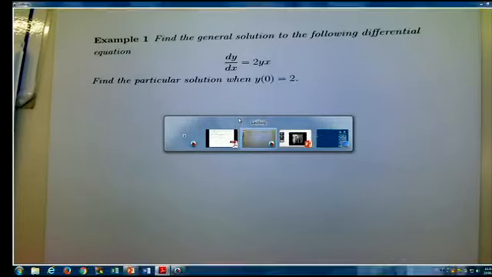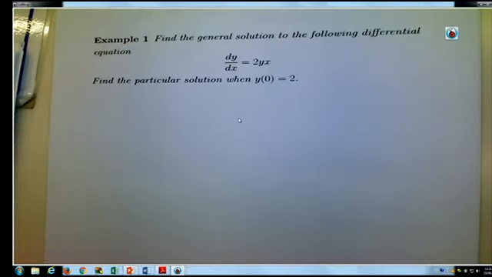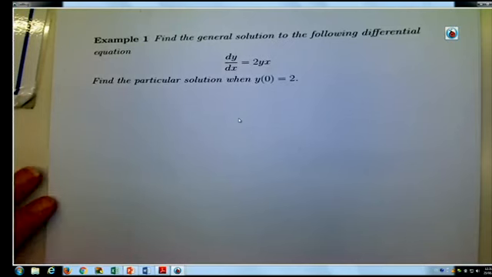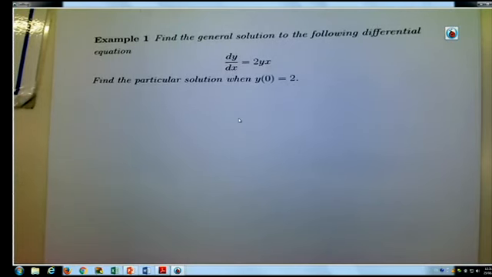This one. Okay, we're going to start with some examples. Find the general solution to the following differential equation.